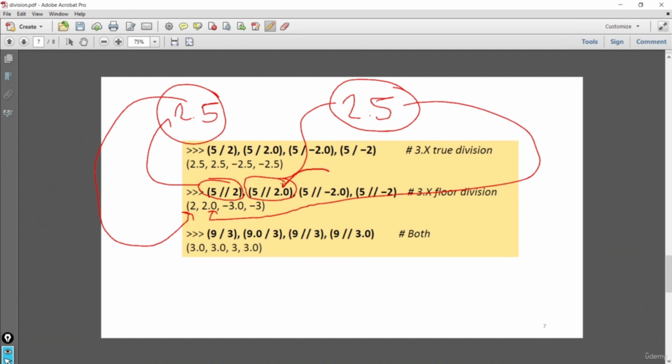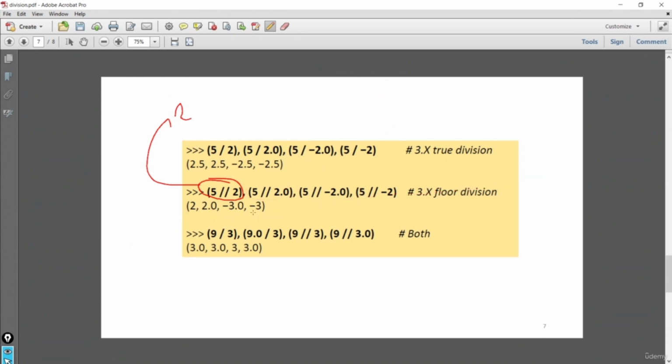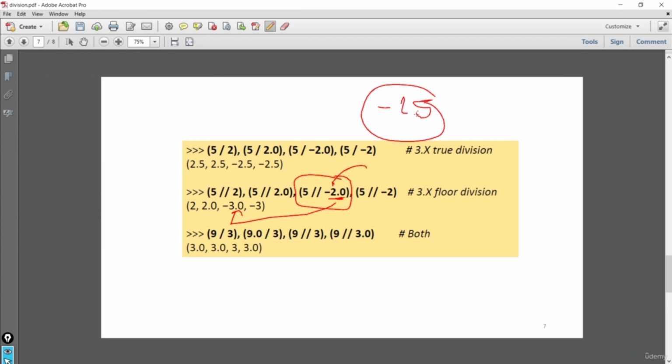The second argument here is a floating point number. So what about this? We have a negative sign here, and this is floating point. The result will be floating point. In classical division we get -2.5, but this is floored to -3, and the result is floating point.